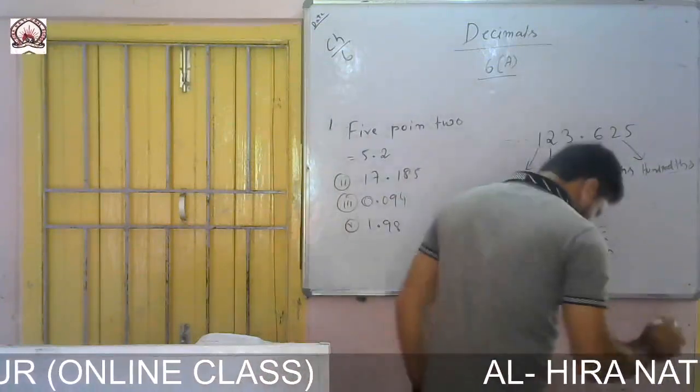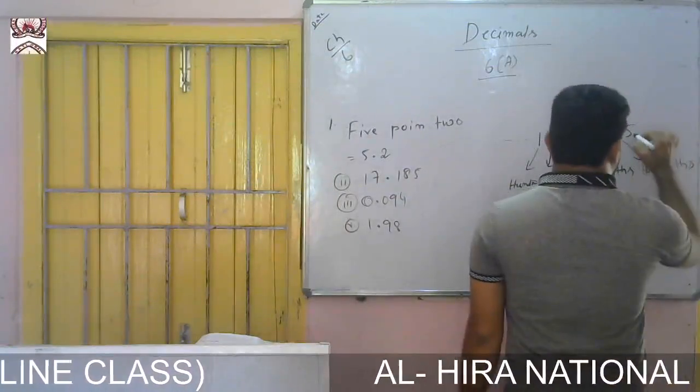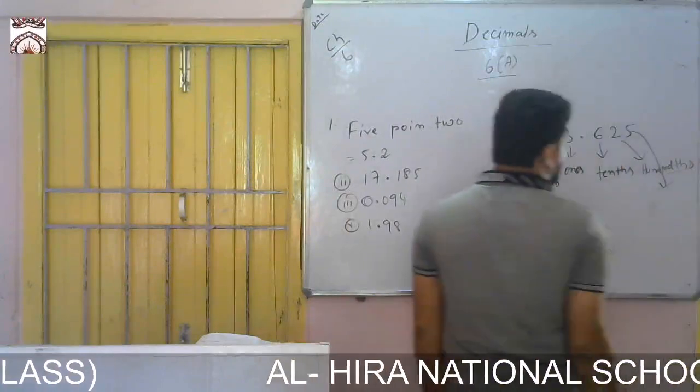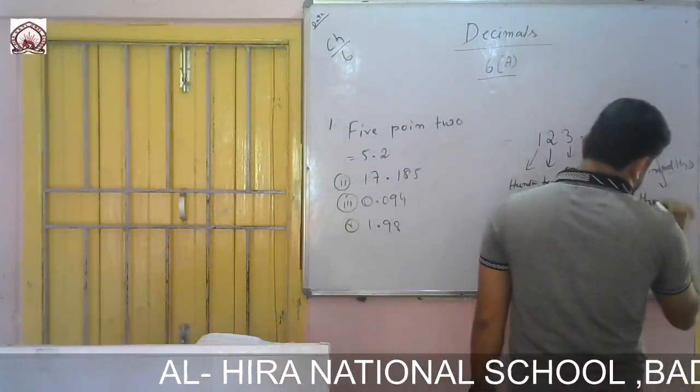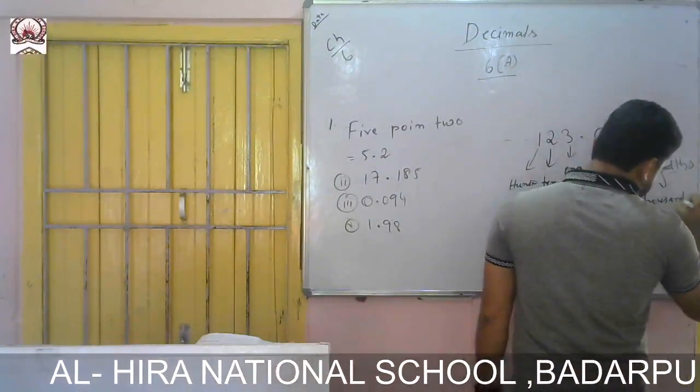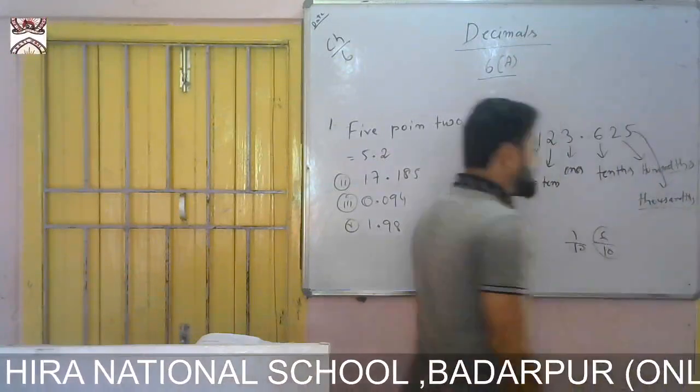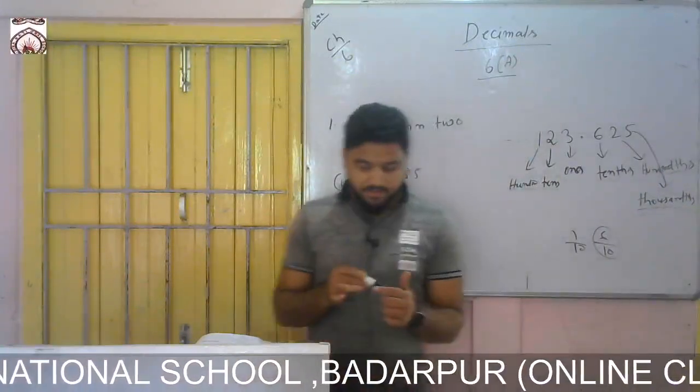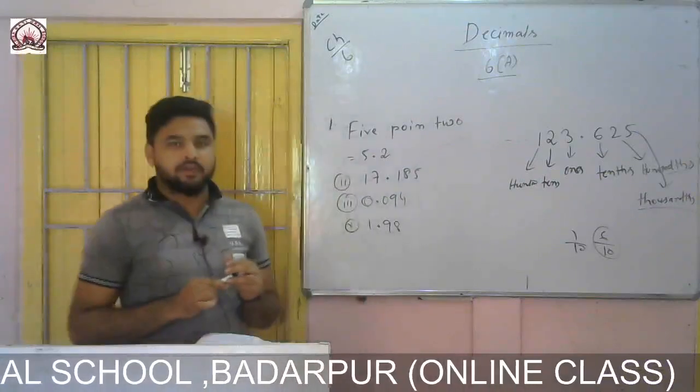Okay, now this one will be thousandths. So these things we have already learned in class 5, in chapter number 9 or 10, like this.